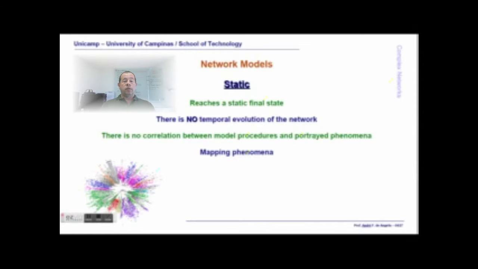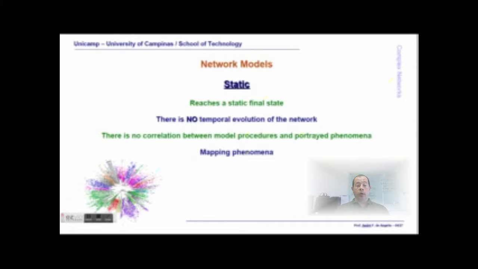If the model is suitable for me, it does not mean that this was the process that occurred in the real world. It was the process that I used to make my network, not the problem itself, okay?